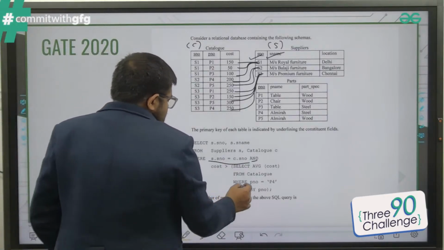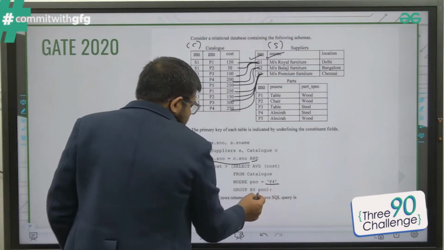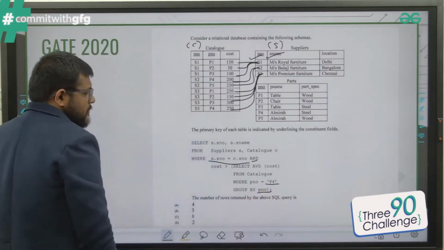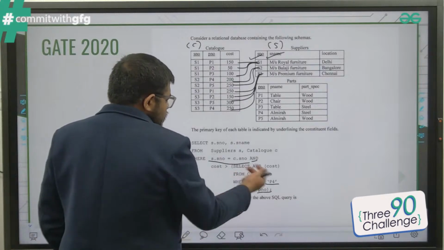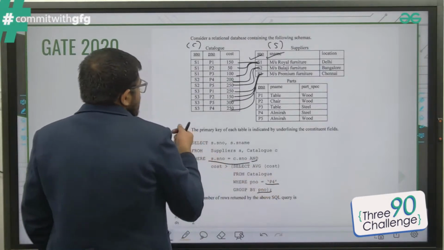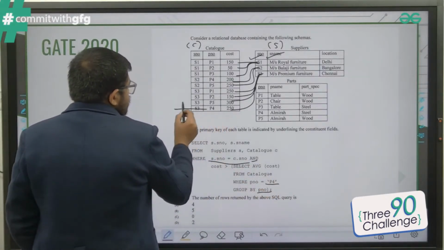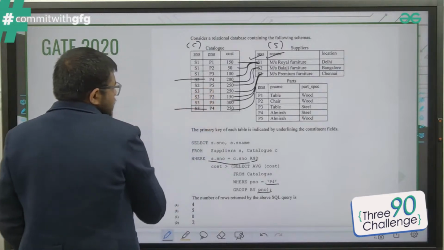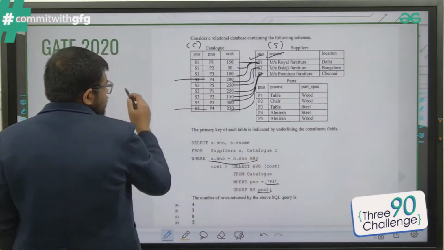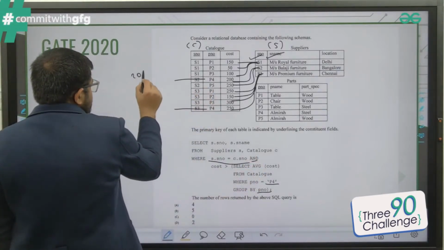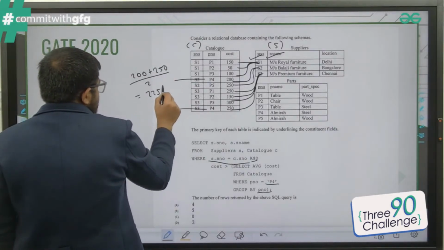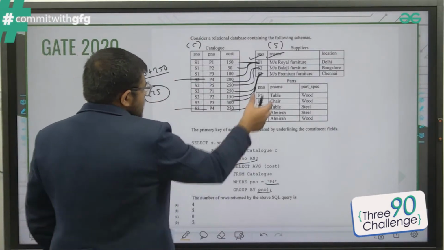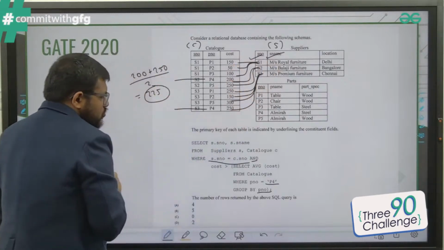Now you see here they are taking only one P number, and they are also saying group by P number. So basically there will be only one value, for P4. Now for P4, what is the cost? 250 and 200. And what is the average of 250 and 200? 225. 200 plus 250 divided by 2 is 225. So we will select the tuples whose cost is greater than 225.